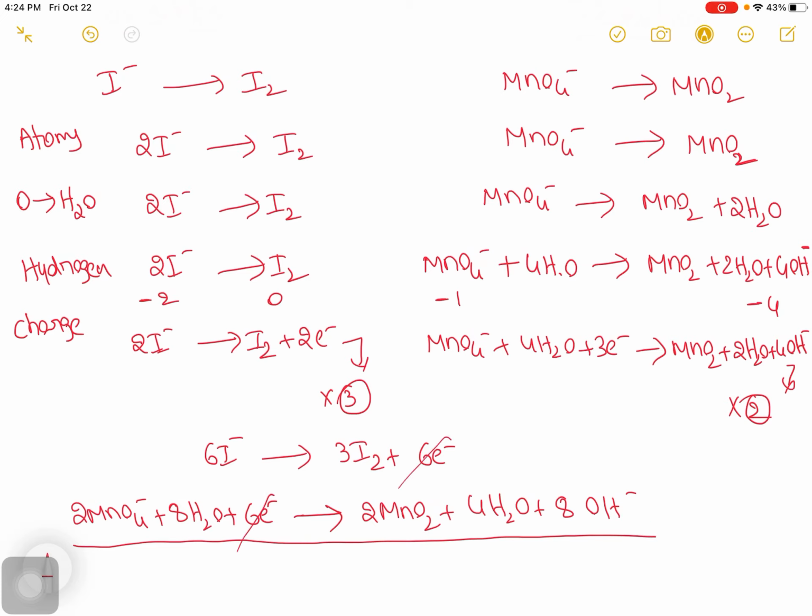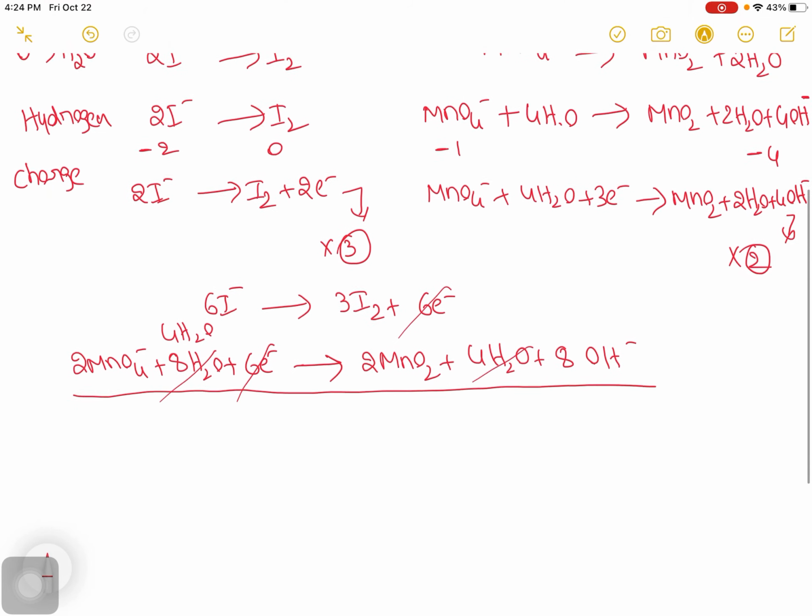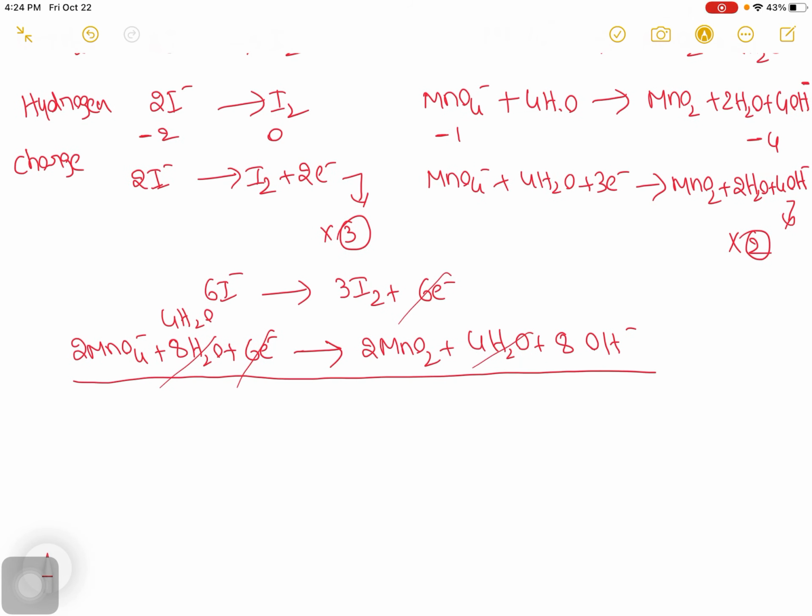Now simply we can cancel the electrons on opposite sides. 8H2O and 4H2O, remaining is 4H2O. Nothing else is there for cancellation. We can write 2MnO4 minus plus 6I minus plus 4H2O gives rise to 3I2 plus 2MnO2 plus 8OH minus.